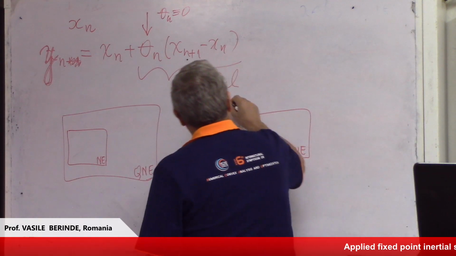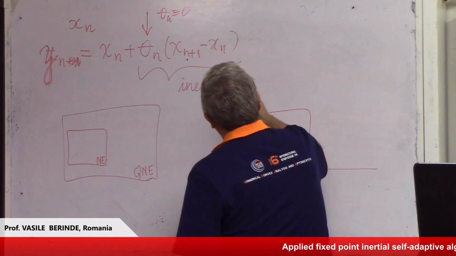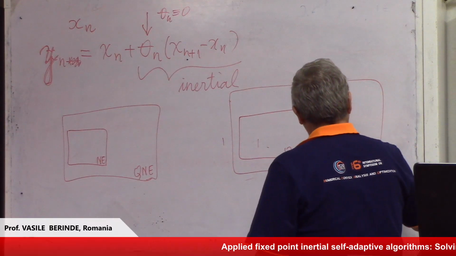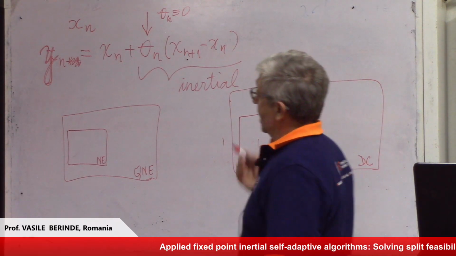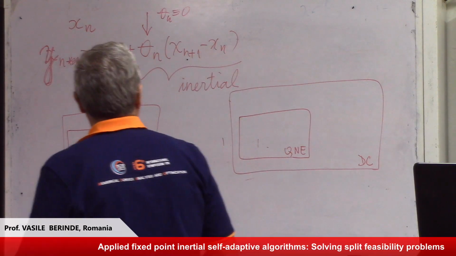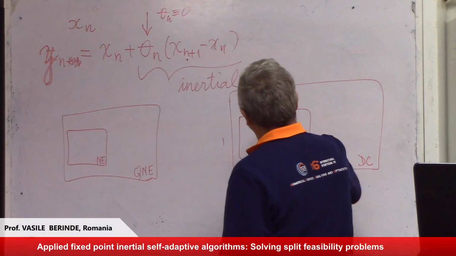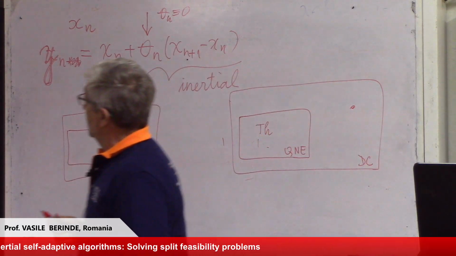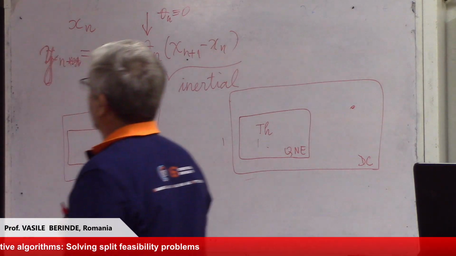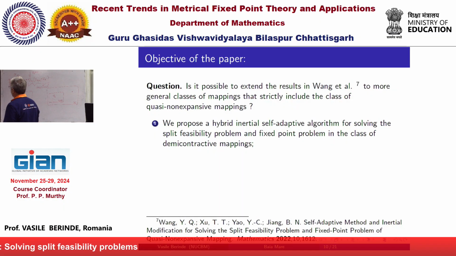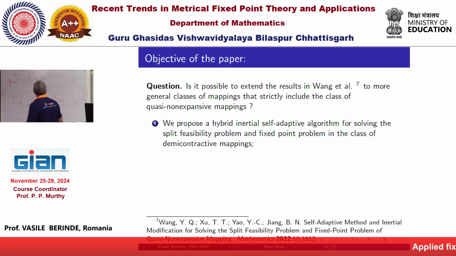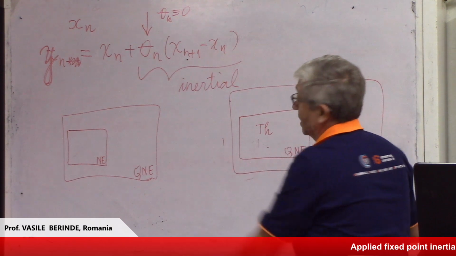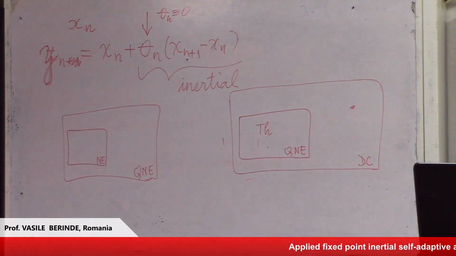And as we know, demi-contractive mappings are here, and I explained how I can transport a result from here to here. We propose a hybrid inertial self-adaptive algorithm, and we solve the problem in the class of demi-contractive mappings, so in this larger class.